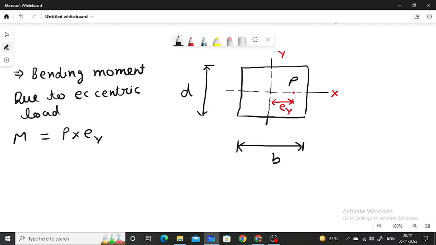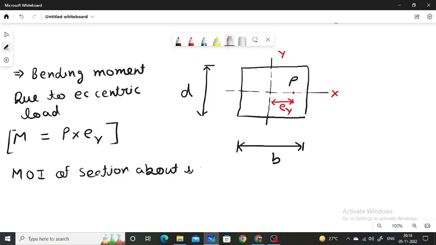Okay, and the moment of inertia of the cross section about the y-axis, because the bending moment will occur along the y-axis.